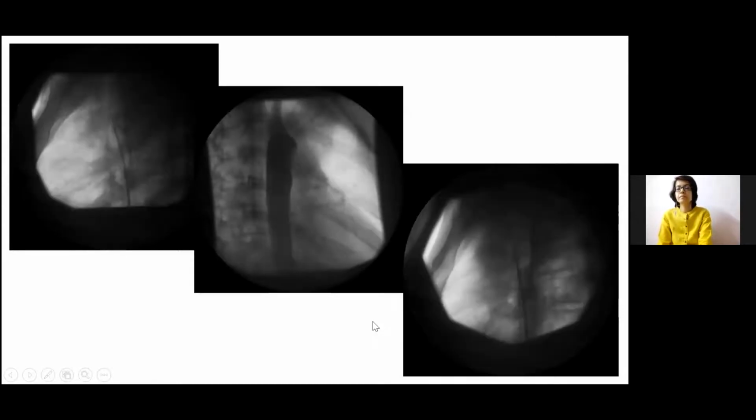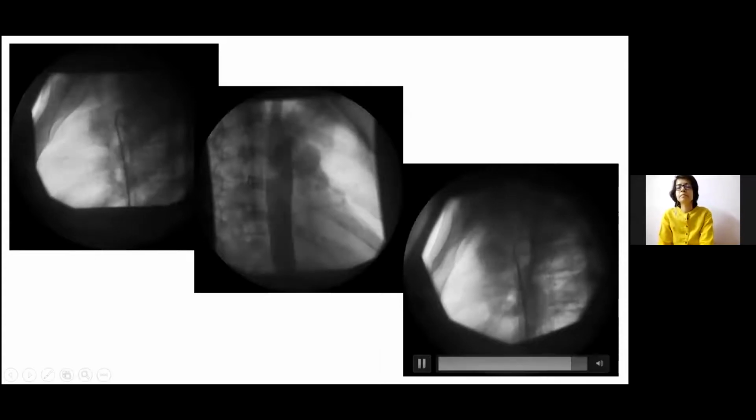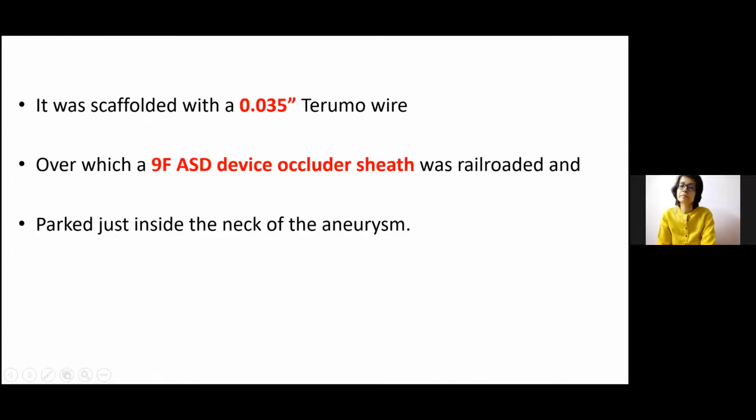Hence, myself and my colleague Debasree decided that we would go inside the aneurysm very, very slowly and carefully, because otherwise it might damage the surrounding structures and the patient might have torrential hemorrhage. The aneurysm was scaffolded with a 0.035-inch J-tip Terumo wire, over which a 9-French ACE device occluder shield was preloaded and parked just inside the neck of the aneurysm.